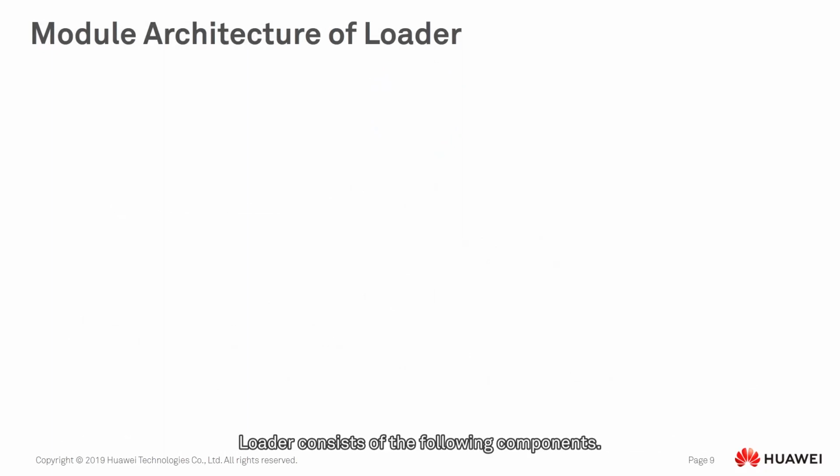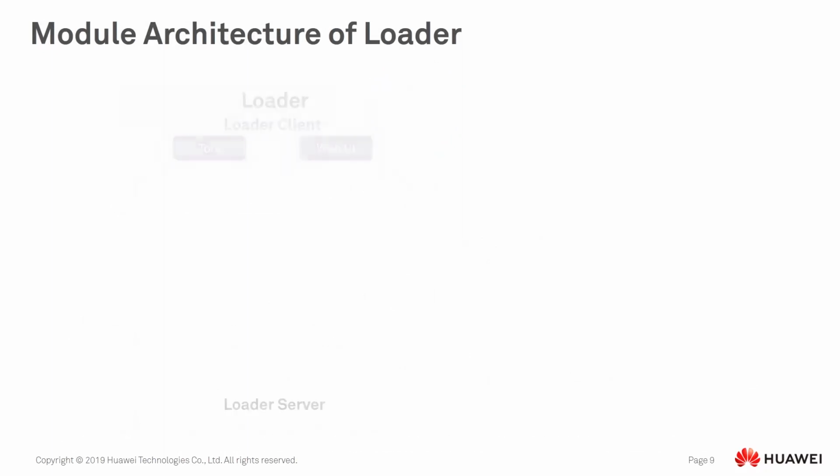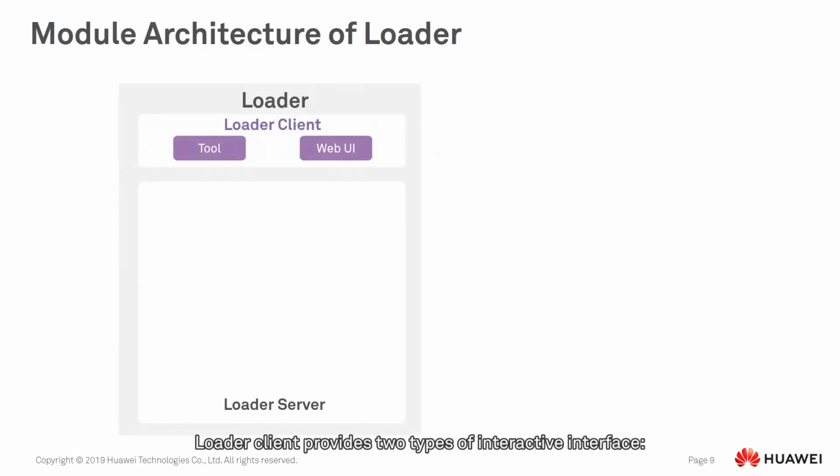Loader consists of the following components. Loader client provides two types of interactive interface, a web user interface and a command line interface. Loader server processes operation requests sent from the client, manages connectors and metadata, submits MapReduce jobs, and monitors MapReduce job status.